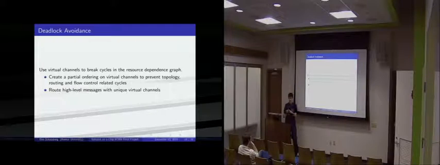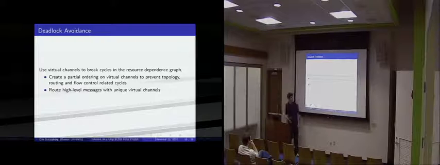This way I've created an ordering on the channels that will preserve this dependency, because the virtual channels are what define the resource. Every virtual channel is a buffer. But based on my construction, I don't have this problem, so I don't use virtual channels for that purpose.